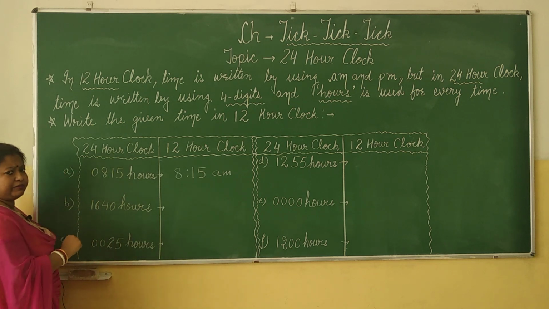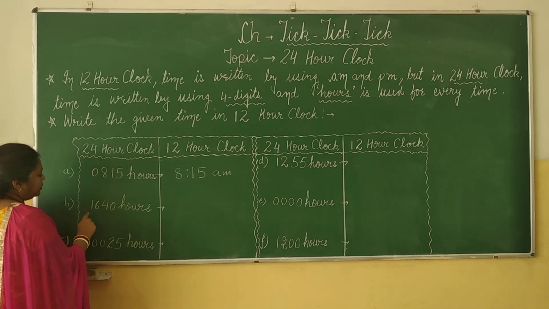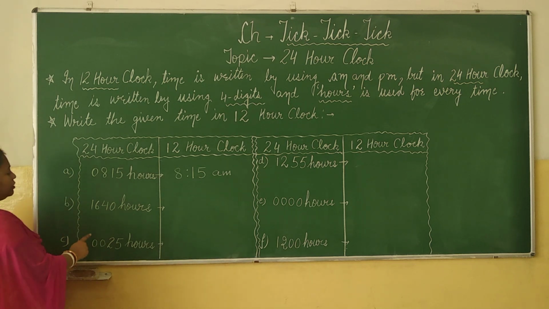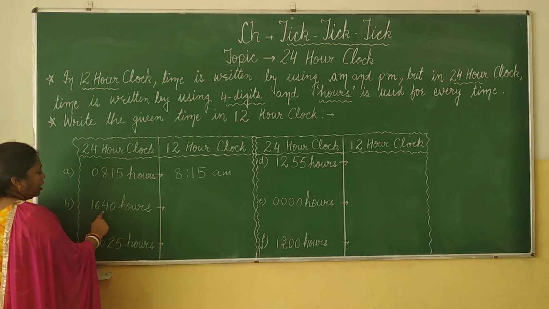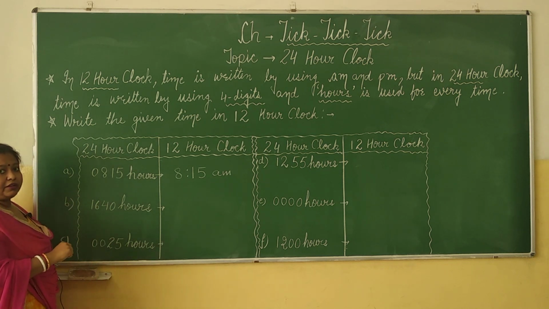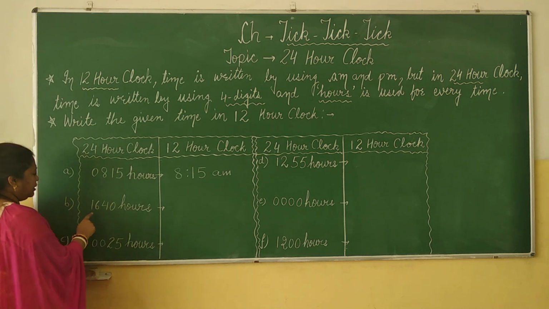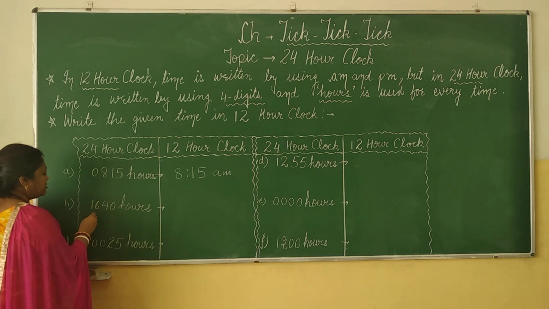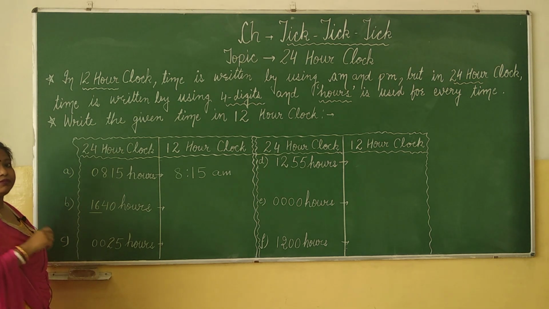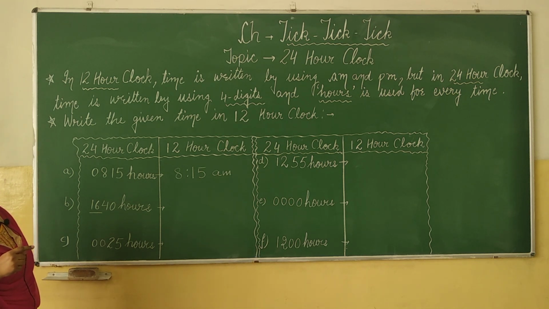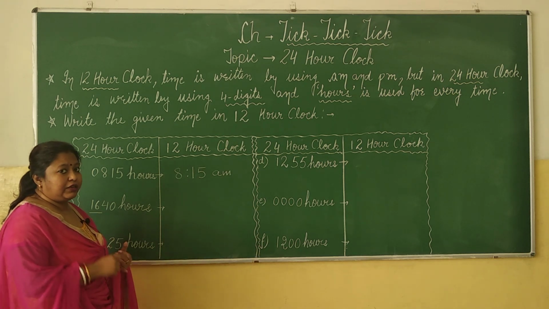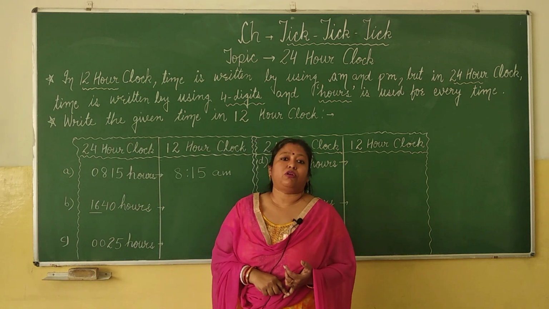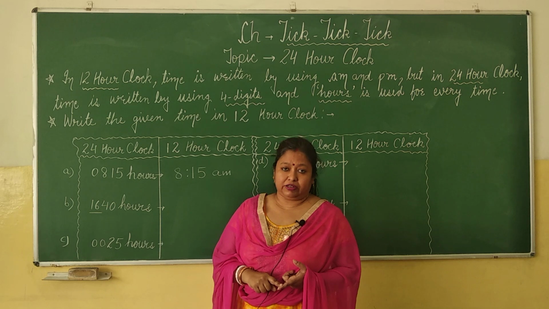Let's take our next example. Our next example here is 1640 hours. Now here 16 is the hour and 40 denotes the minutes. So in 1640, 16 here is more than 12, children. That means we need to change it. Now if you remember, when we changed from 12 to 24-hour clock time, we added 12 hours.